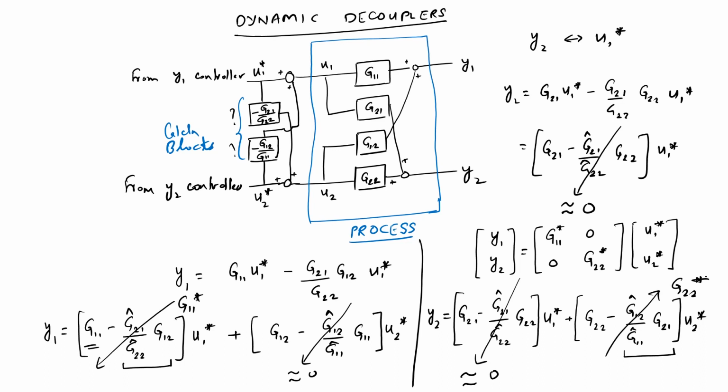But please note that should the plant model mismatch increase, performance will degrade very quickly. That's the disadvantage of all these model based techniques. The decoupling is model based. If plant model mismatch is not so good, then you end up actually second guessing yourself.